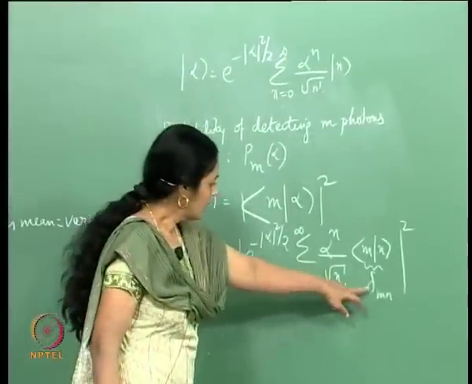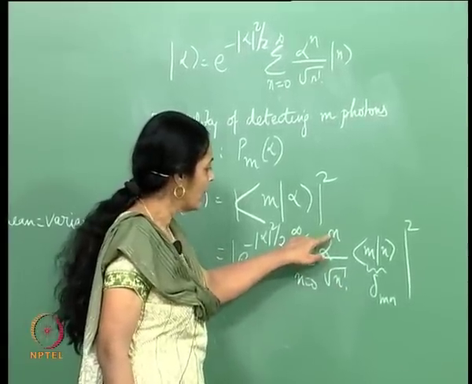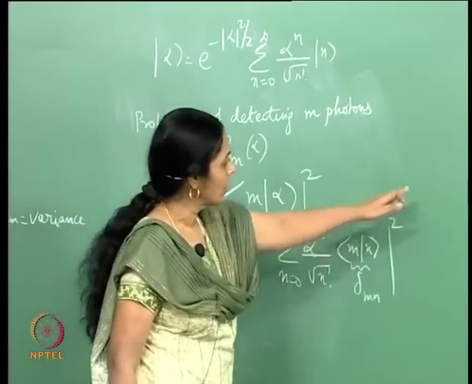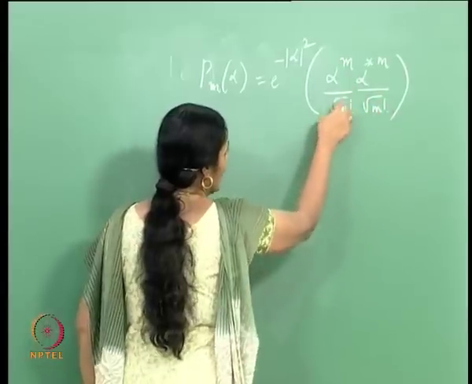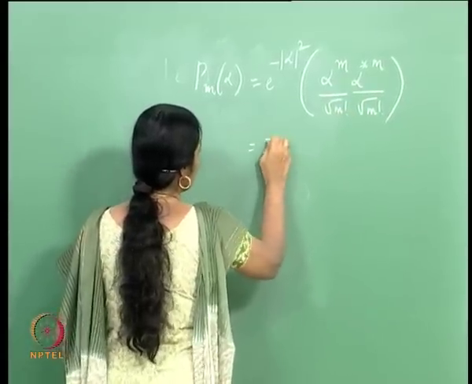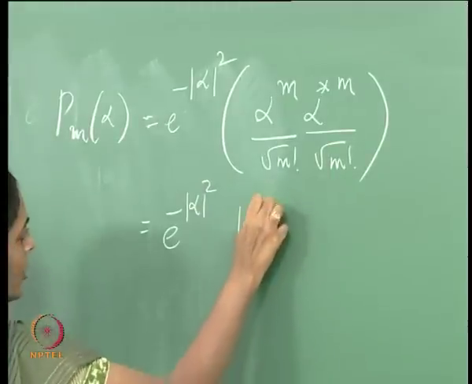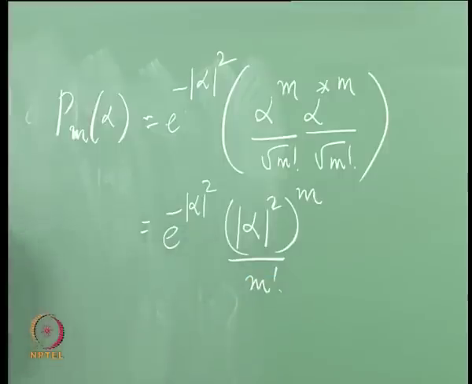This quantity, the delta mn, changes all n to m, replace all n by m, remove the summation and mod square. The mod square means the complex conjugate has to multiply this, but that is the same as e to the minus mod alpha squared, mod alpha squared to the power of m by m factorial.